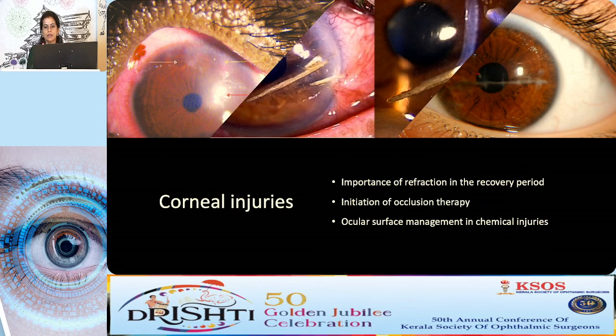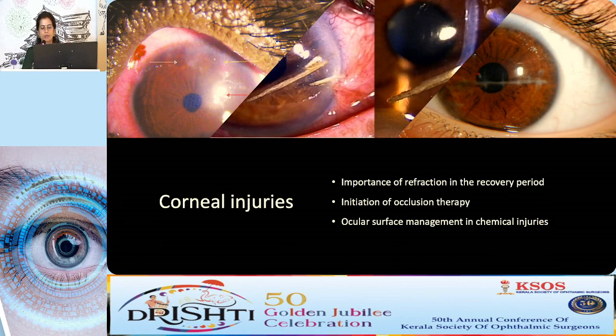And if this astigmatism is not corrected and amblyopia treatment is not initiated, this will not give a very good outcome. So, we need to do a refraction in the postoperative period while the child comes for follow up, and we need to initiate occlusion therapy or any form of treatment for amblyopia as the age permits.